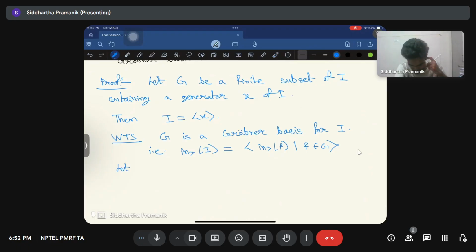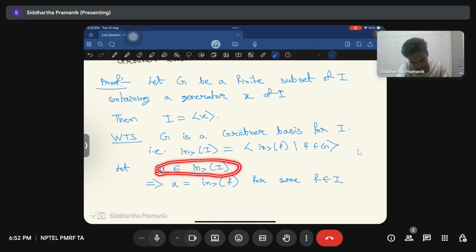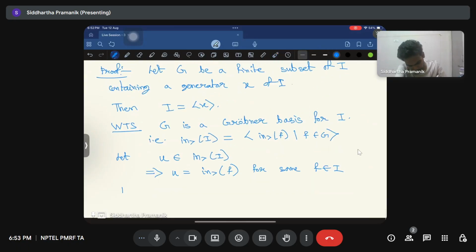So let u belong to the initial ideal of I. That means u equals the initial term of some polynomial f, where u is a monomial, for some f belonging to I. So u is a monomial in the initial ideal of I, which means u has to be the initial term of some polynomial of I. But f is in I and I is generated by x.